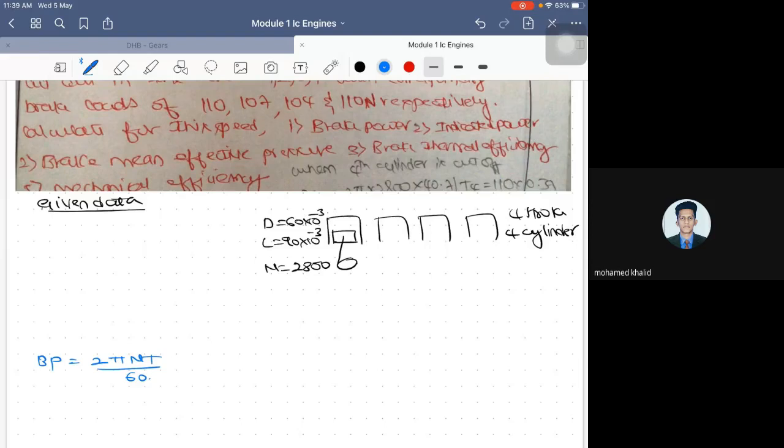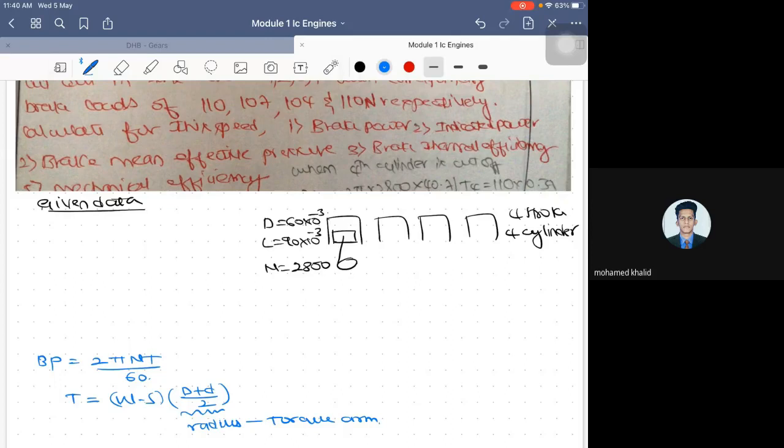How do you calculate the torque? It is W minus S into capital D plus small d divided by 2. So this is nothing but the radius, and it is also called the torque arm.